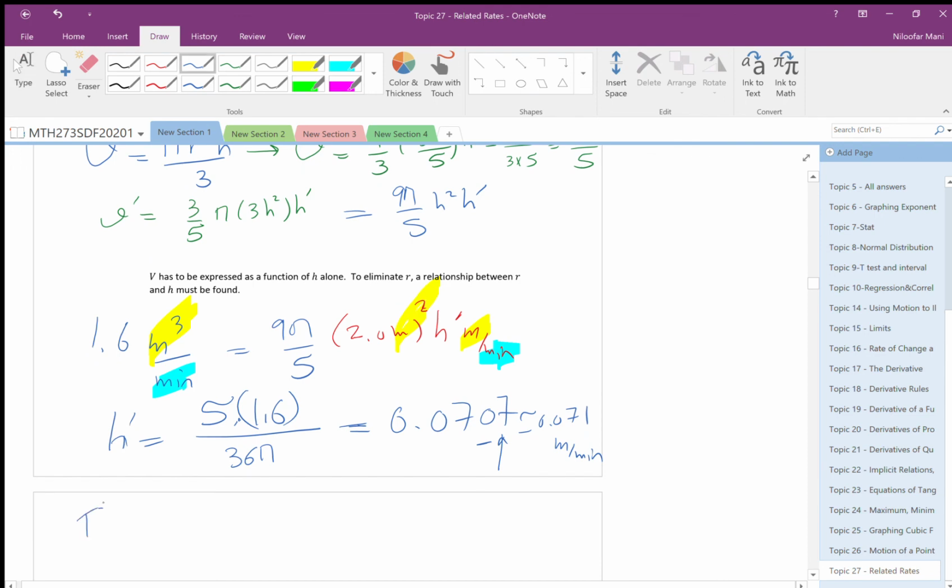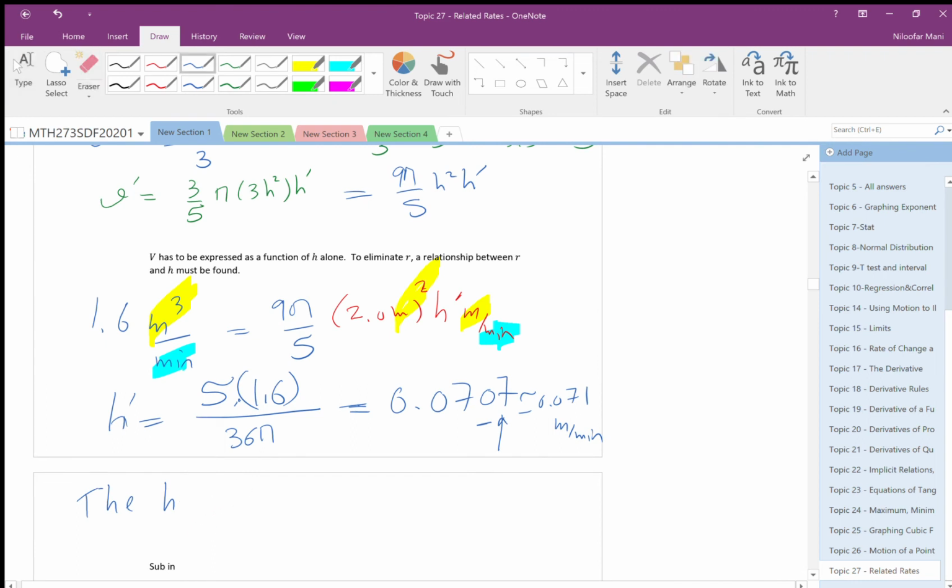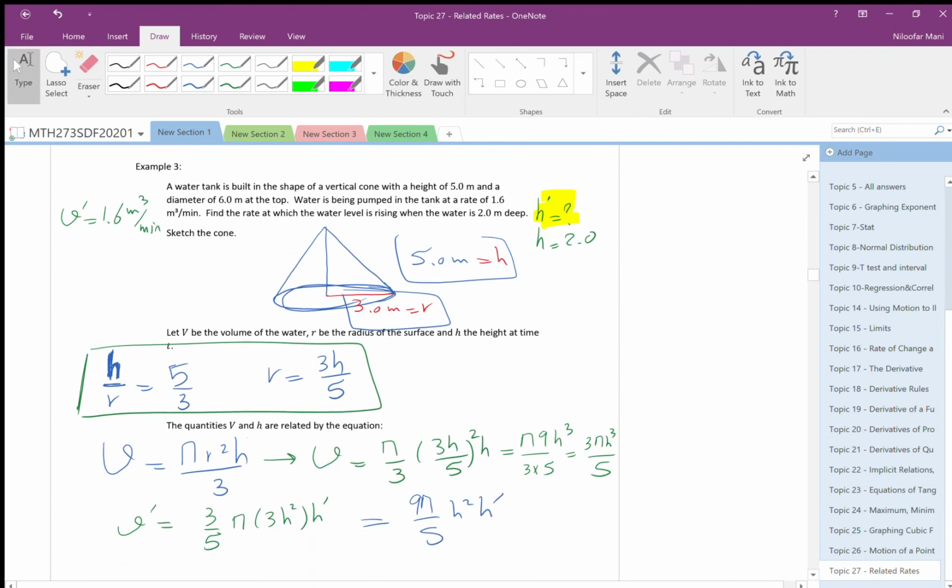So the height is increasing at the rate of 0.071 meter per minute. Okay, this question was tricky, so you read the question, you picture it, the formula is given, but you see you have 3 variables, but I'm talking about 2 of them, so you can remove one of them.